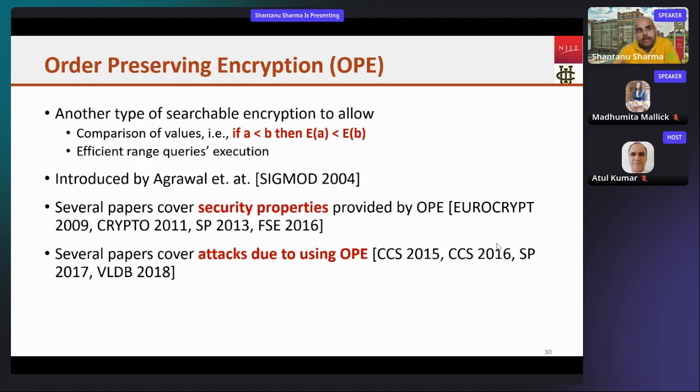Basically, these papers say that if we are not very careful, then just by outsourcing the data, without executing any query, an adversary can see our data values in clear text by collecting some background knowledge. He doesn't need to decrypt anything, but he will learn the real clear text to ciphertext mapping. So these techniques are not completely secure if we do not use them in a proper way.